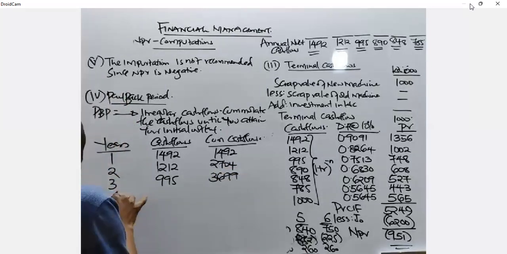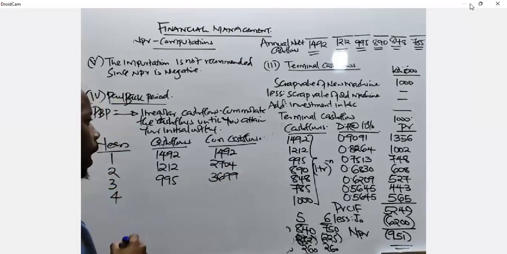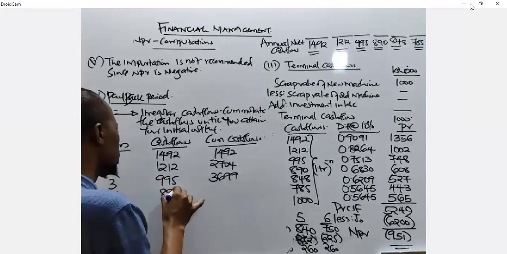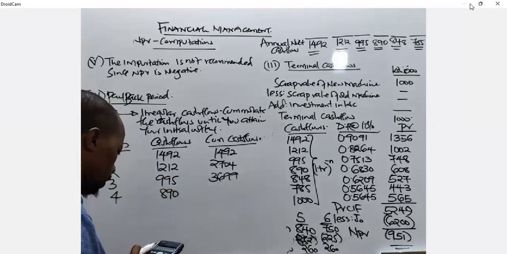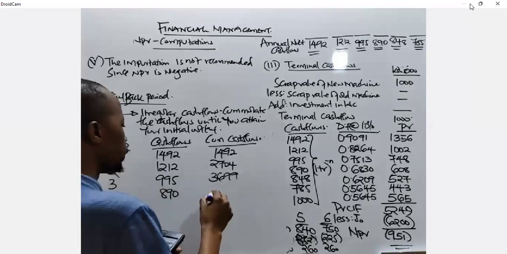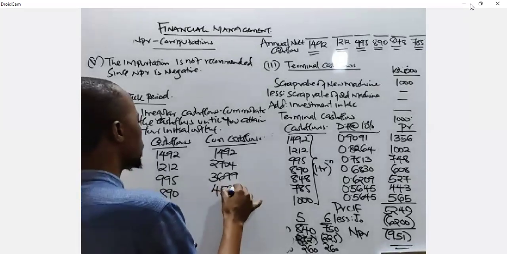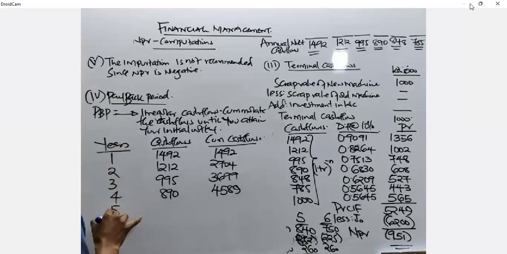We go to year four. Under year four, we have 890. So we add our 890 here, getting 4589. We go to year five.